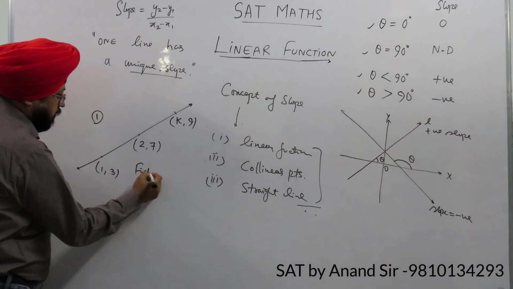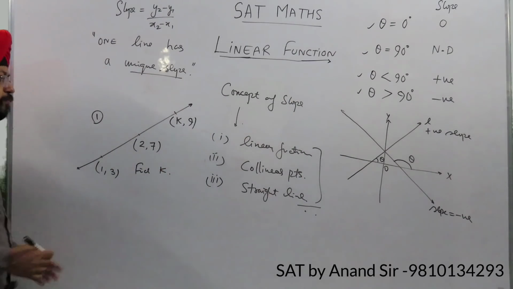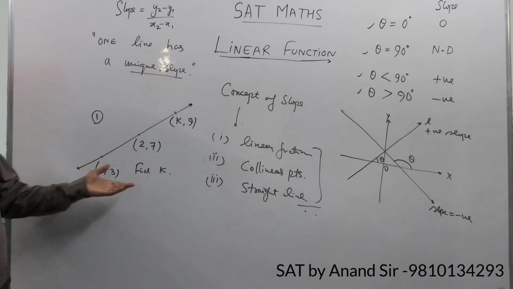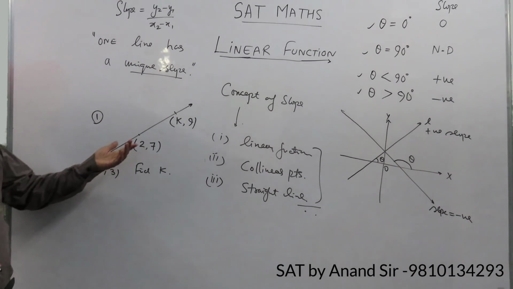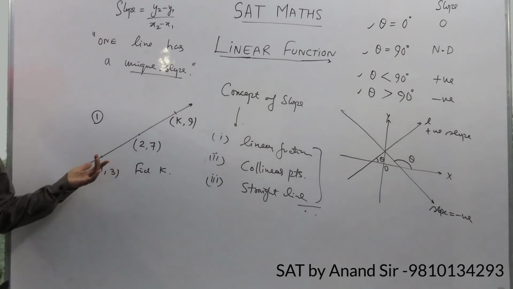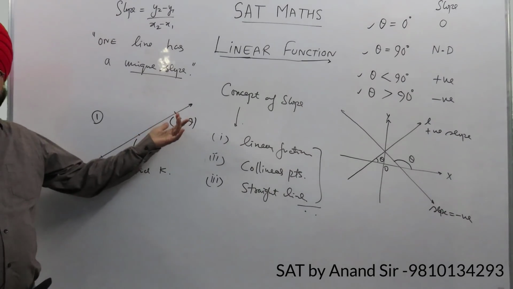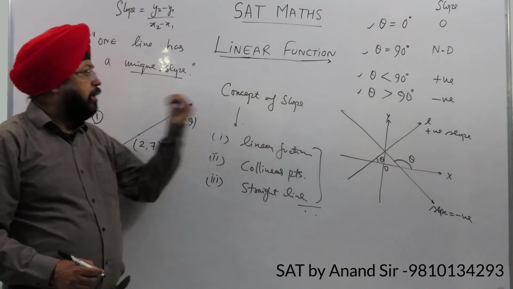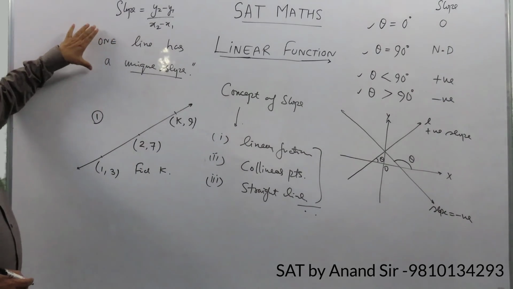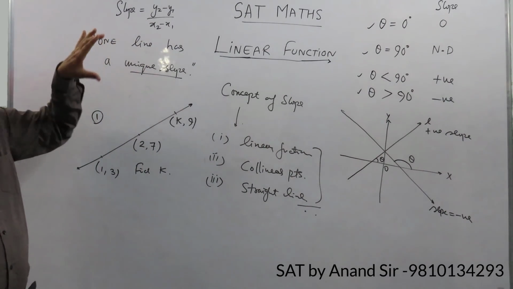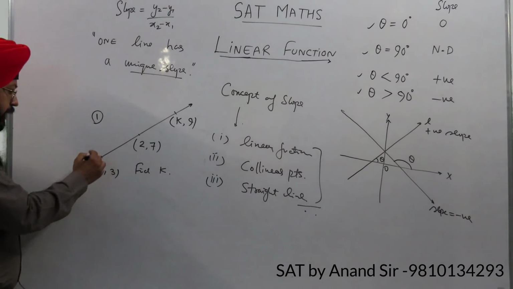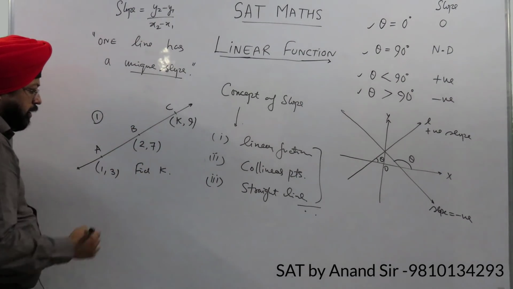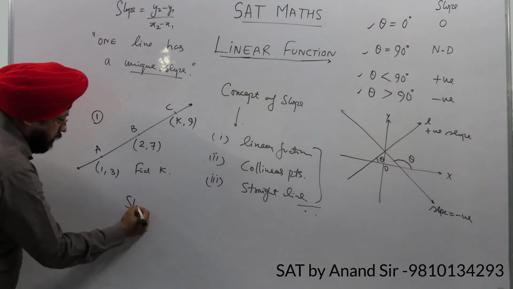It is not mentioned here that it's a linear function or a straight line, but we see that they lie on a line, which means they are collinear points. So what will you use? You will use the concept of slope, and the other thing I just told you, that one line has a unique slope. So how will you use it? You will take this point as A, this point as B and this point as C. Now what is the slope of AB?